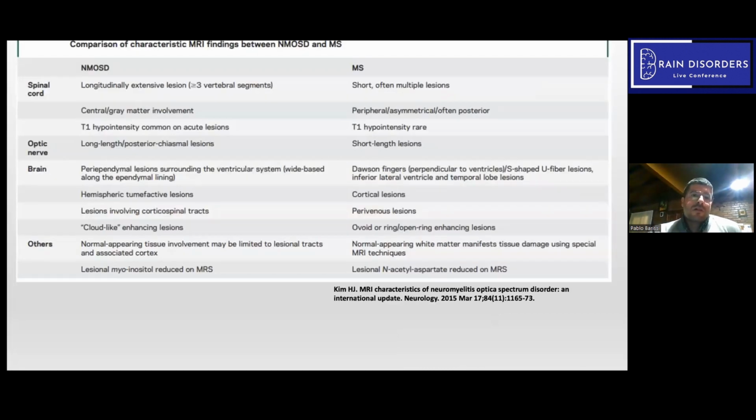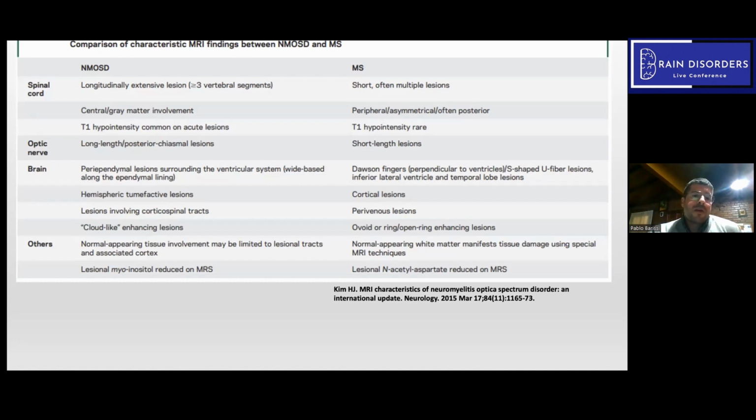So the criteria and the comparison of MS and NMO. NMO has longitudinally extensive lesions, 3 or more vertebral segments, but remember, shorter lesions could be found. Central gray matter involvement, T1 hypointensity common in acute lesions. The optic nerve usually has 50% or more of its length affected.